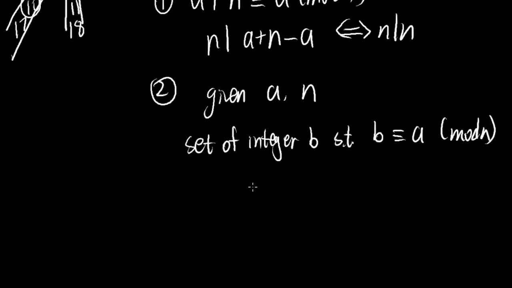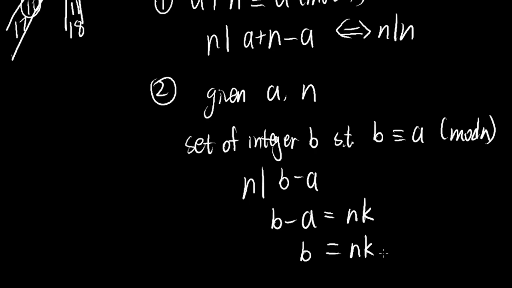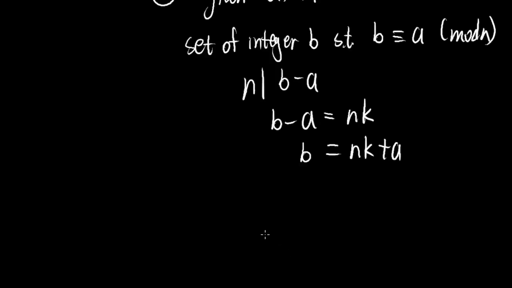If we still want to use the divisibility property, we know that b minus a should equal nk, so b should equal nk plus a, which means that b is an arithmetic progression, and the common difference is n.